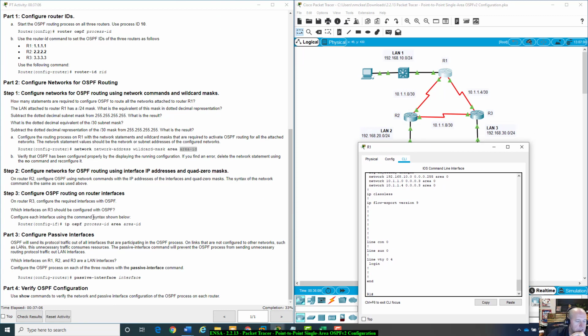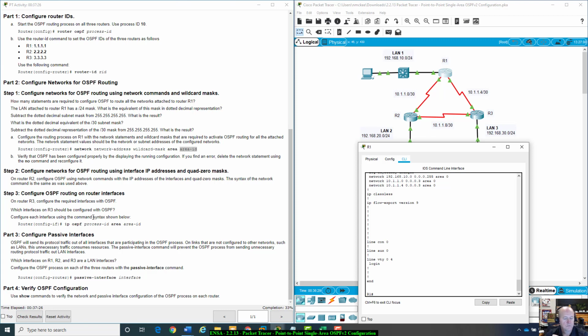Let's see, configure networks for OSPF routing using interface IP addresses and quad 0 masks. On router 2, configure OSPF using network commands with the IP addresses of the interfaces and quad 0 masks. The syntax of the network command is the same as was used above.